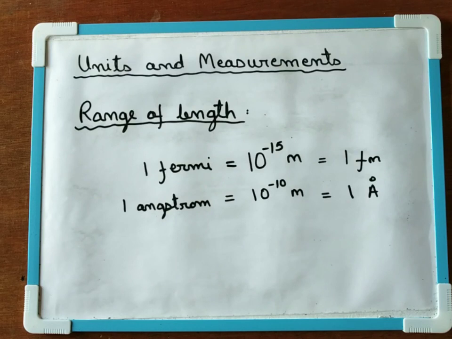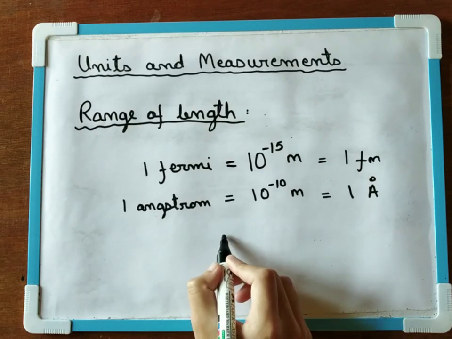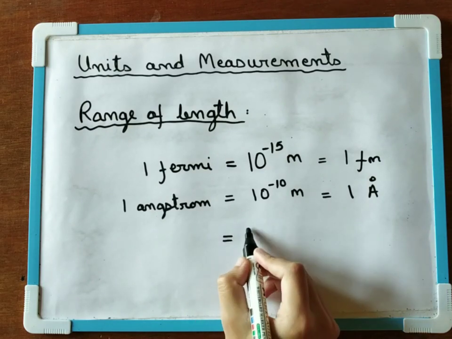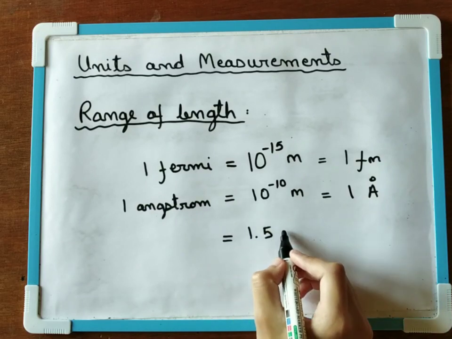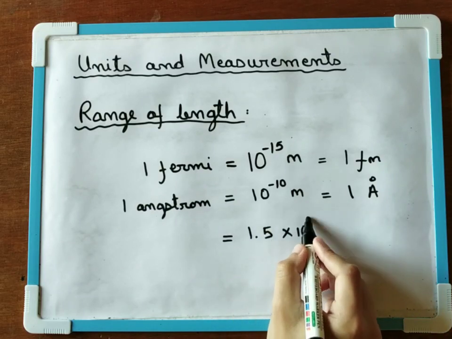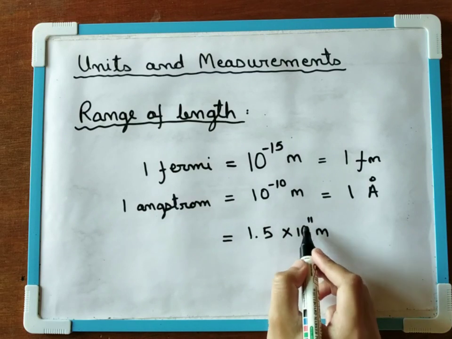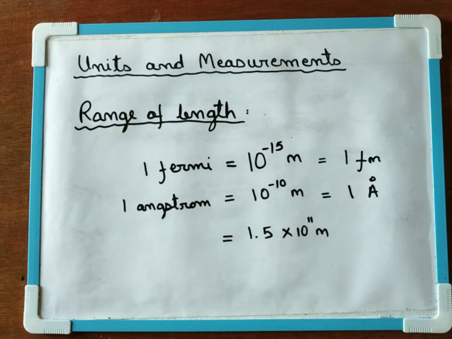The average distance of the sun from the earth is approximately 1.5 into 10 to the power 11 meters. This is a very large distance, and this is known as the astronomical unit.